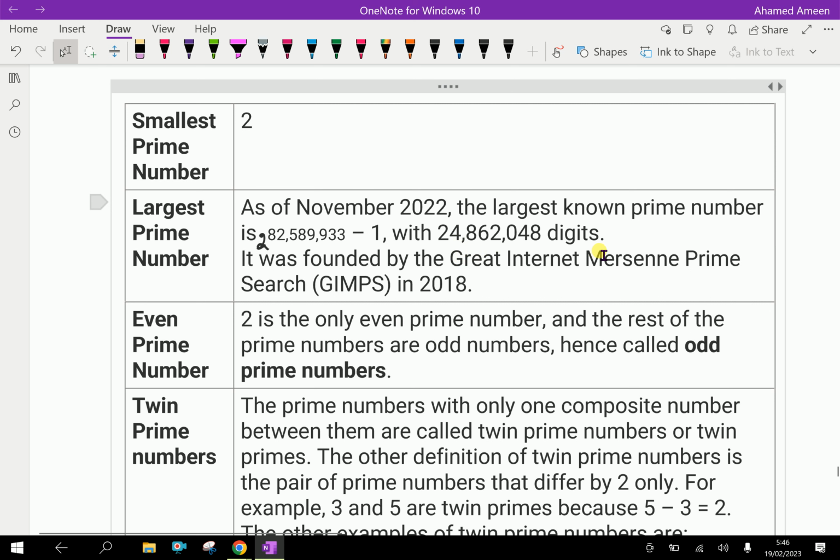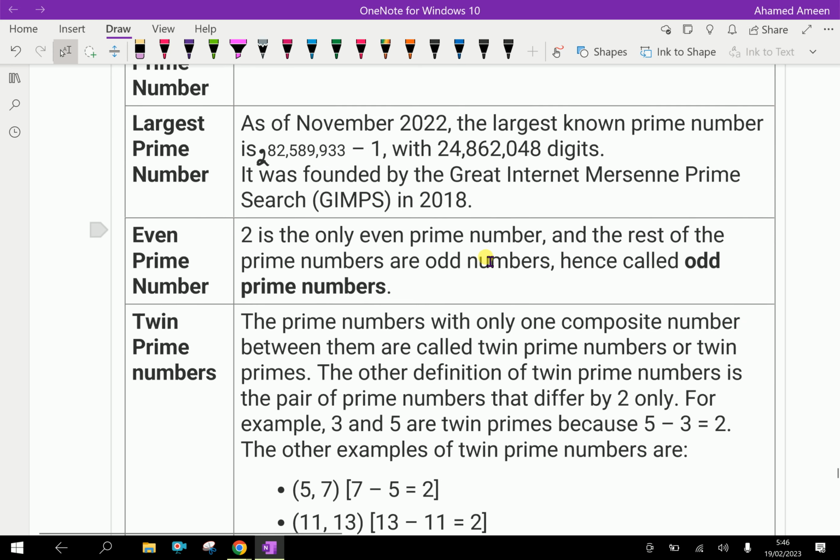This many digits, you cannot imagine. This is the largest known prime number ever.